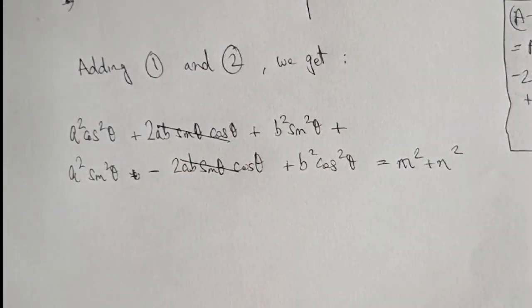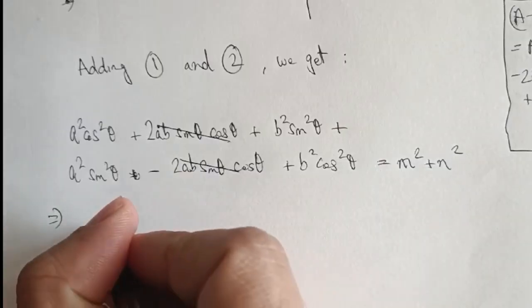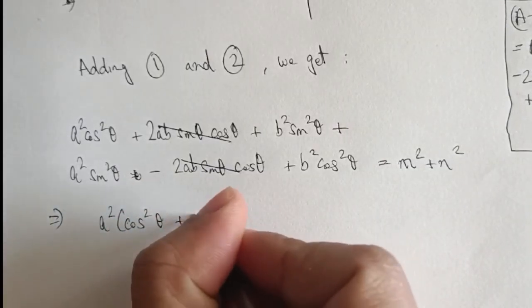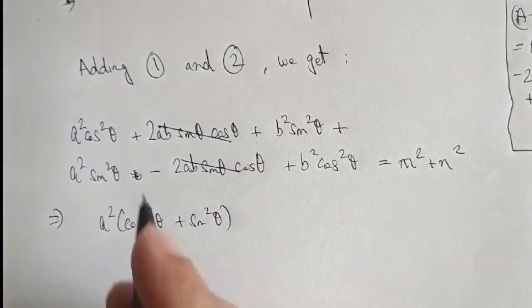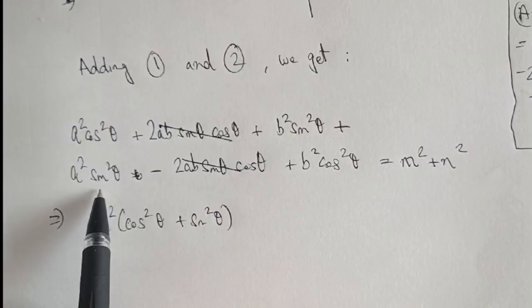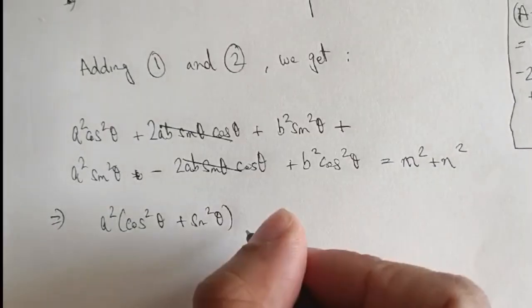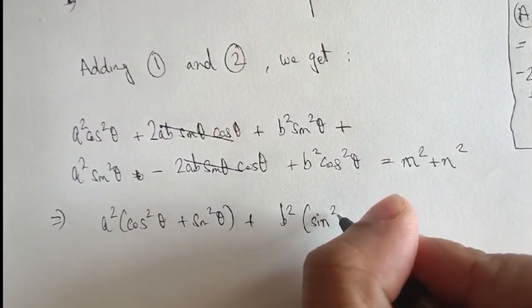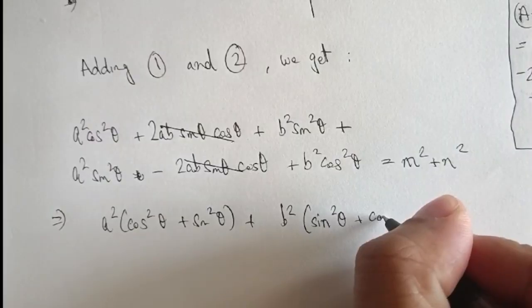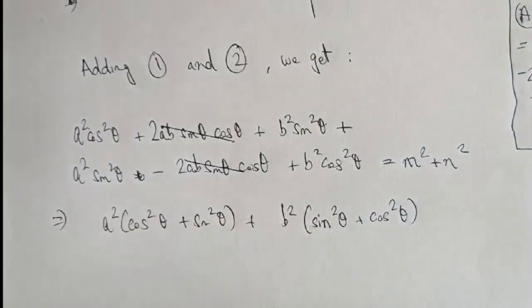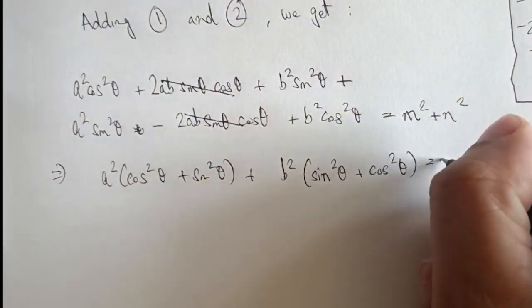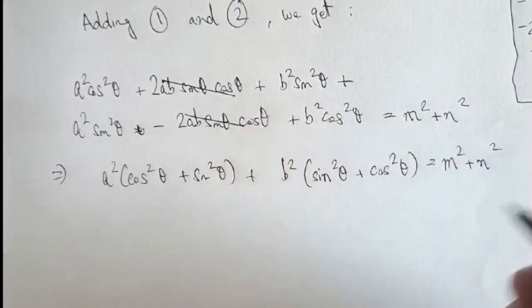So that leaves us with a much simpler expression, a squared cos squared theta plus sin squared theta, right? So a squared cos squared theta plus a squared sin squared theta is this, plus b squared sin squared theta plus cos squared theta, right, plus b squared, this is equal to m squared plus n squared.